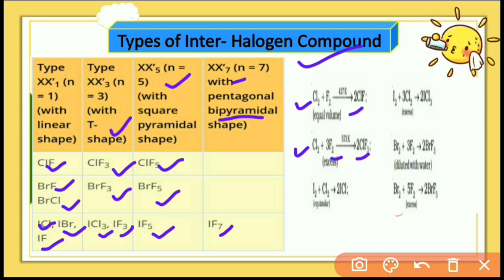When iodine reacts with chlorine, it forms 2 moles of iodine chloride. Next, when iodine reacts with 3 moles of chlorine, it forms 2 moles of iodine trichloride. When bromine reacts with 3 moles of fluorine, it forms 2 moles of BrF3. And when bromine reacts with 5 moles of F2, it forms 2 moles of BrF5.